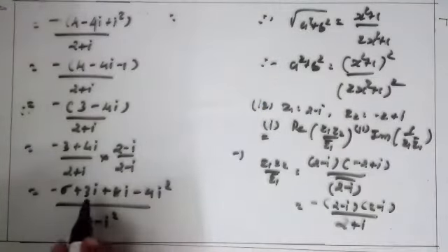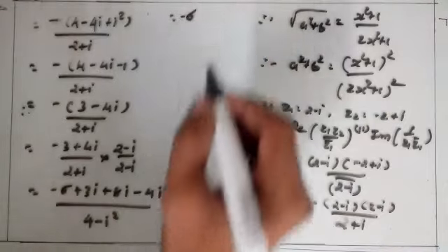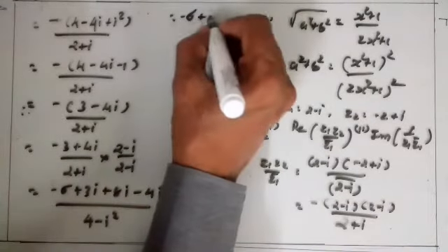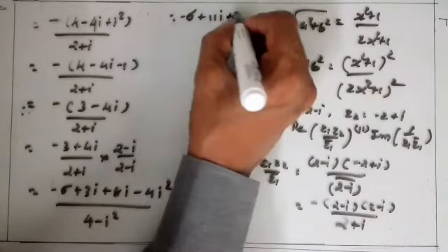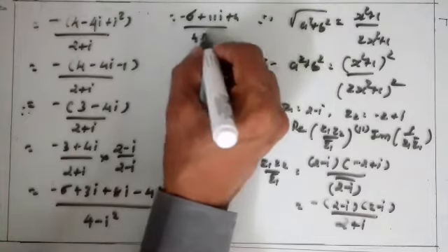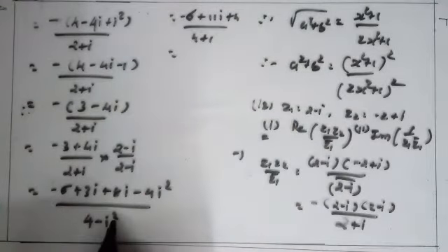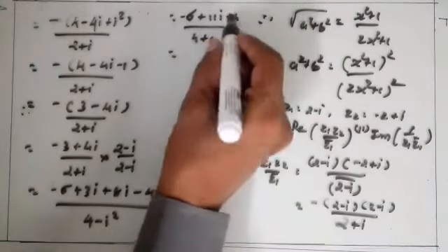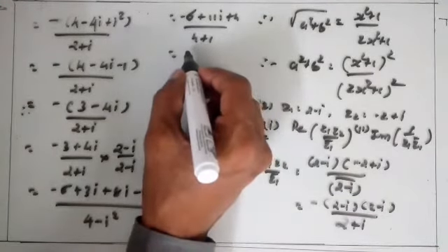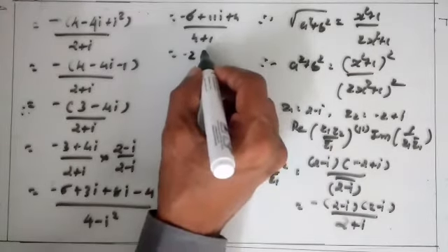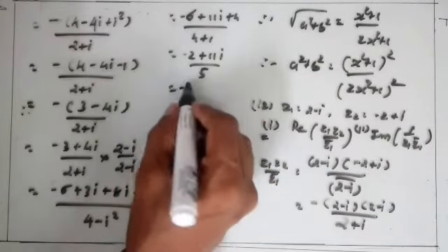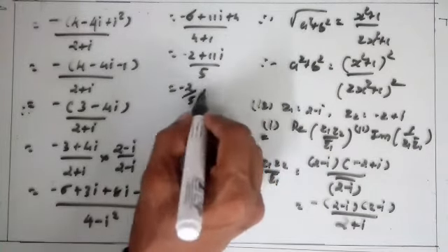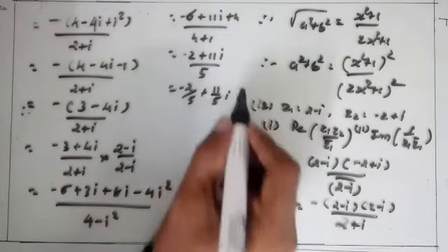So simplify: minus 6, plus 11I, minus 4I square becomes plus 4, upon 4 plus 1. I square equal to minus 1, so minus minus becomes plus. Minus 6 plus 4 becomes minus 2, plus 11I upon 5. Now dividing by 5, we get minus 2 upon 5 plus 11 upon 5 I.